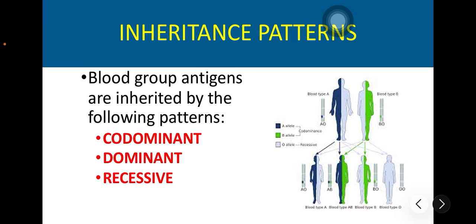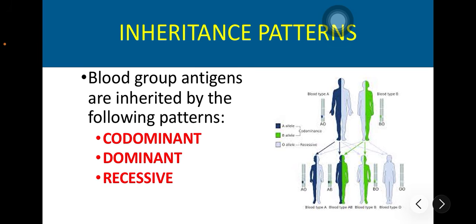Let me relate it to our ABO blood group system. A and B are considered dominant, while the O gene is considered recessive. In the presence of a dominant and a recessive gene, the dominant gene is still able to express its gene product.